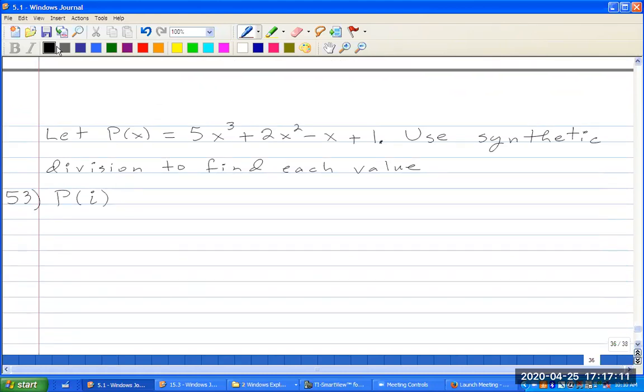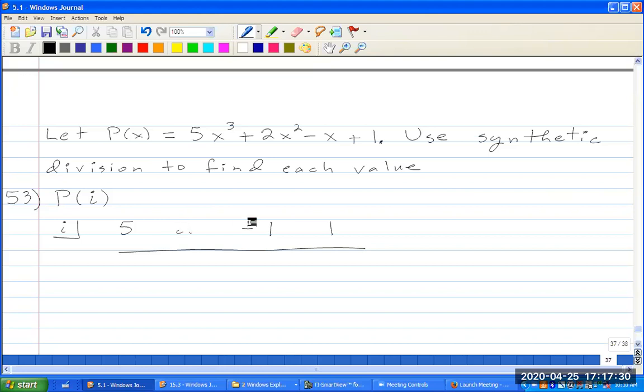And so I have I, 5X cubed plus 2X squared minus X plus 1. Let me drop down the 5.